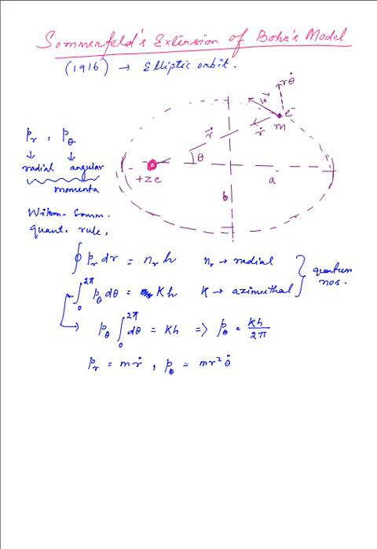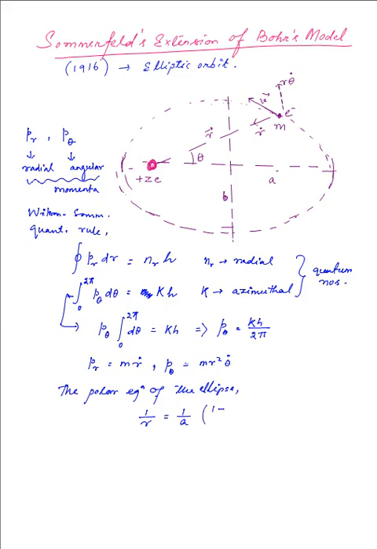Now the polar equation of the ellipse, what does it give us? The polar equation of the ellipse gives us 1 by r equal to 1 by a, where a is obviously the semi-major axis, multiplied with 1 minus the eccentricity.